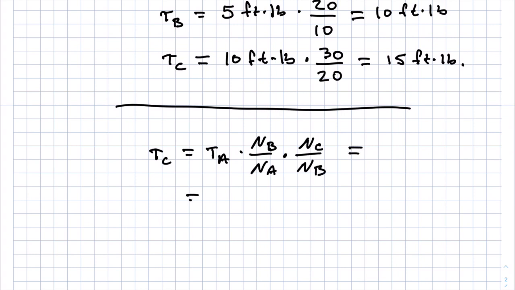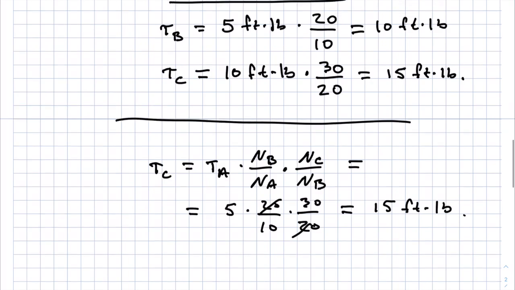When I plug in these numbers, I have 5 times 20 over 10 times 30 over 20, and the 20s cancel and you get the 15 as before.